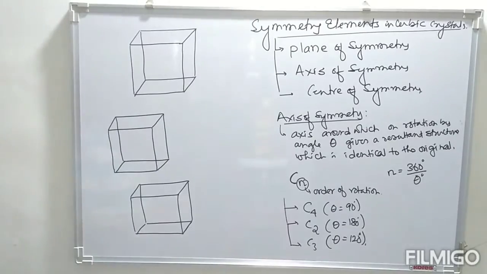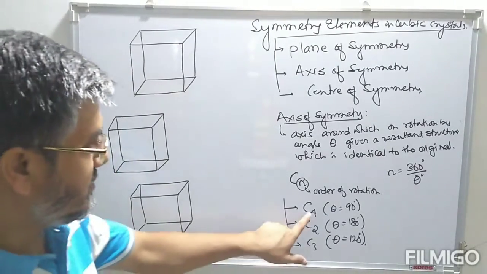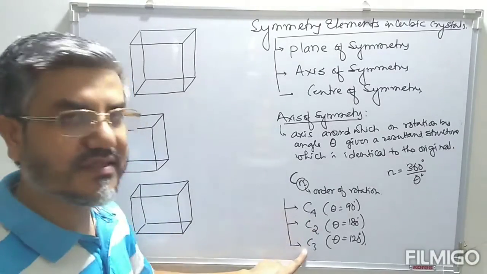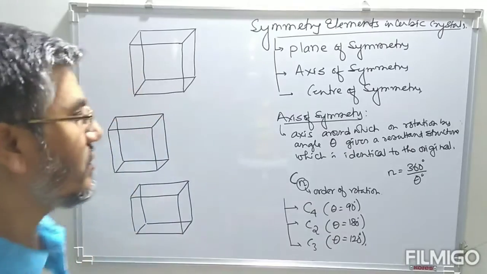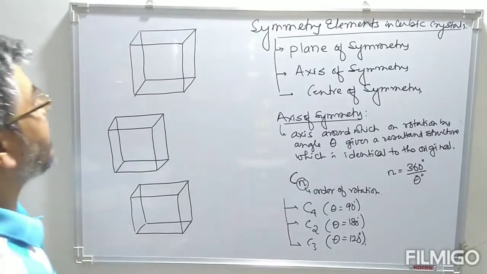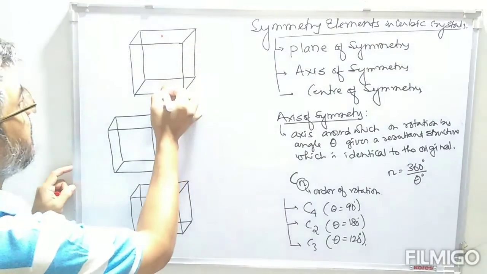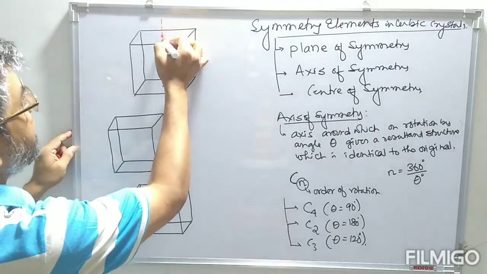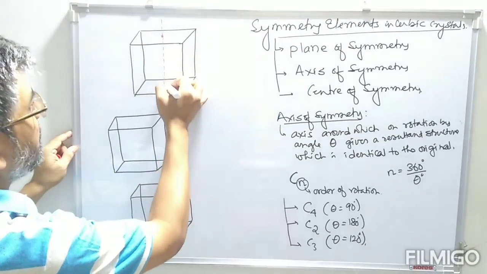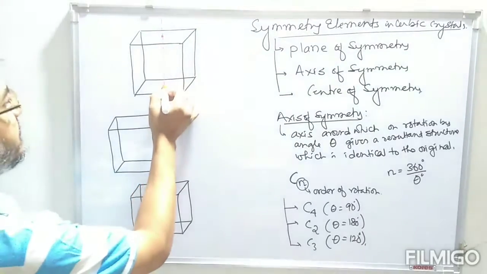So we have a cube. Now in this cube, you have to define the C4 axis, C2 axis and C3 axis. For the C4 axis, we have a 90 degree rotation. Let's assume an axis passing through the centers of the opposite faces.